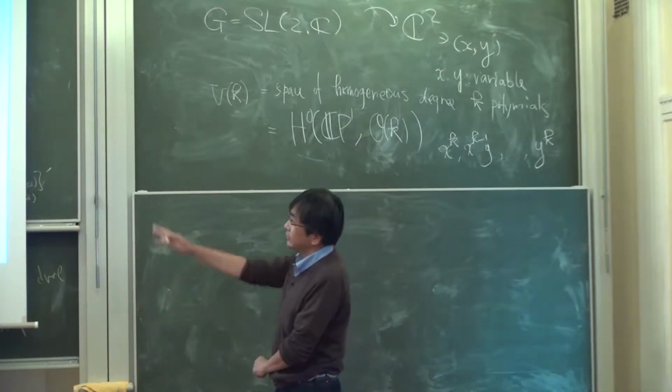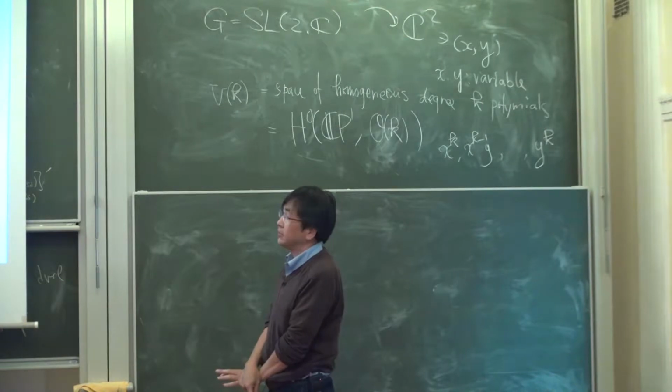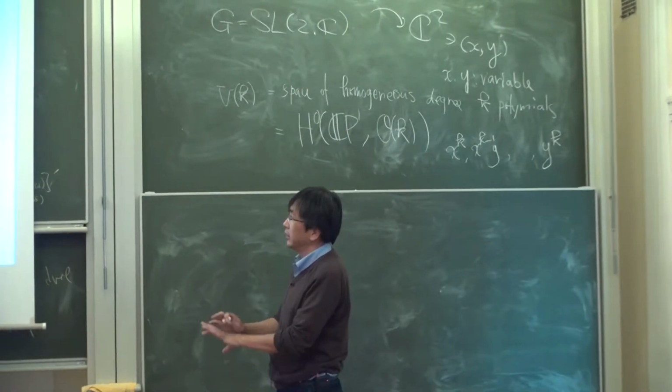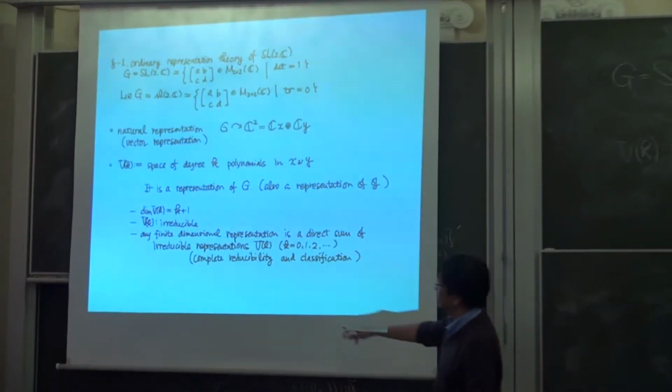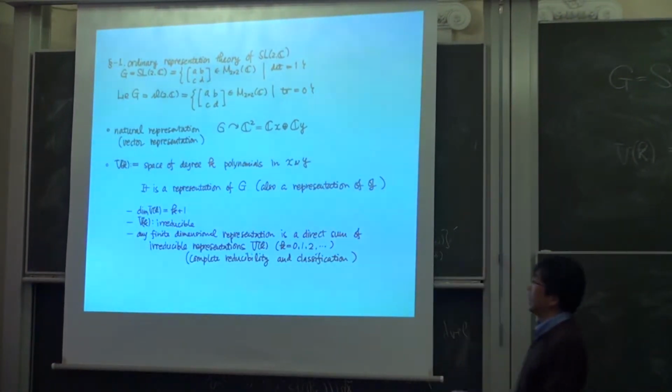And any finite dimensional representation of SL2C decomposes into a direct sum of irreducible representations of this form Vk up to isomorphism. This result is known as the complete reducibility of finite dimensional representations.